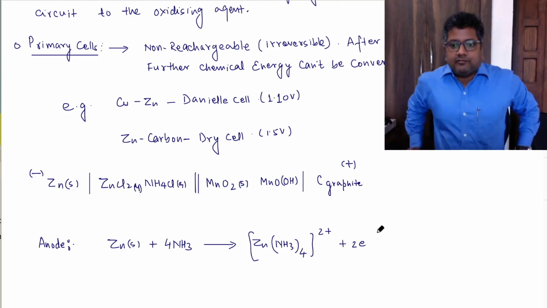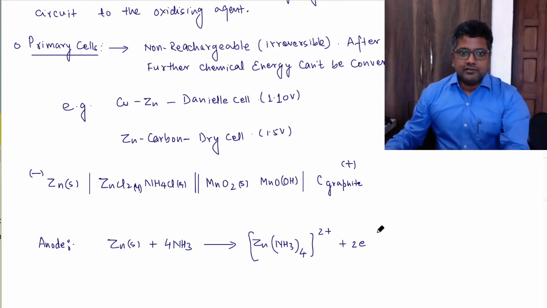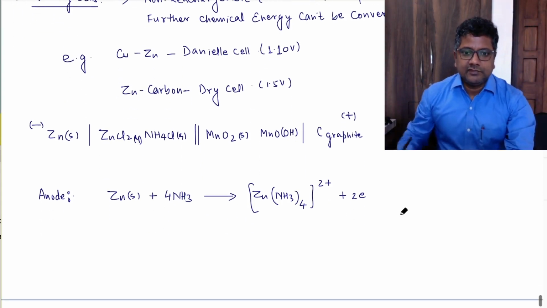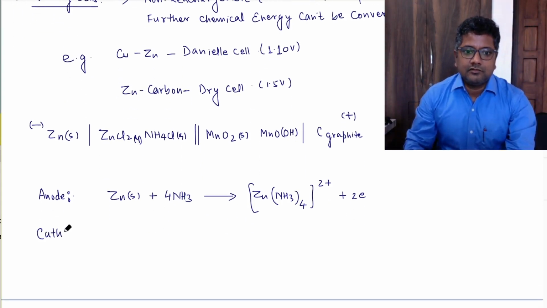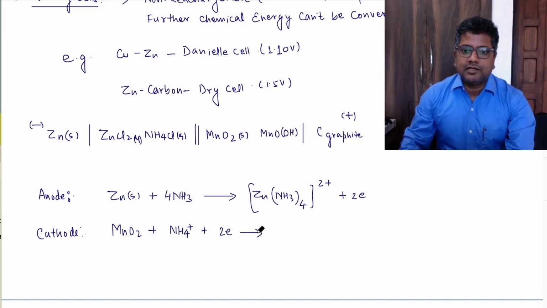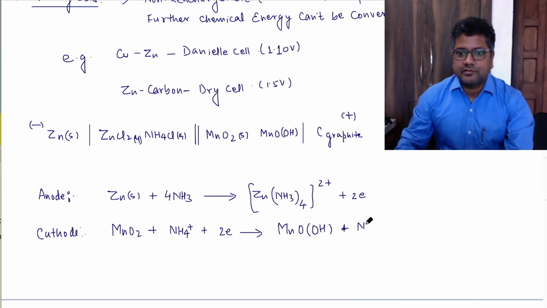This reaction is taking place, right? And the cathode reaction is MnO2 plus NH4+ plus 2 electrons gives MnOOH, okay, where Mn is reduced here, plus ammonia.